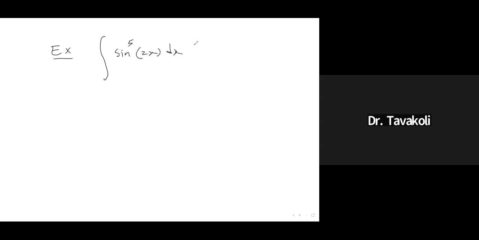Again, here the power of sine is 5, which is an odd number. And the power of cosine, we don't see cosine, so the power of cosine is 0, and 0 is an even number. So m, the power of sine, is 5, an odd number, and n, the power of cosine, is 0, which is an even number.